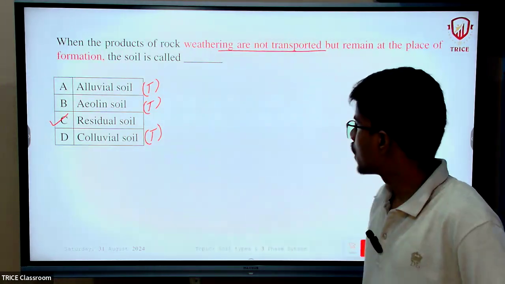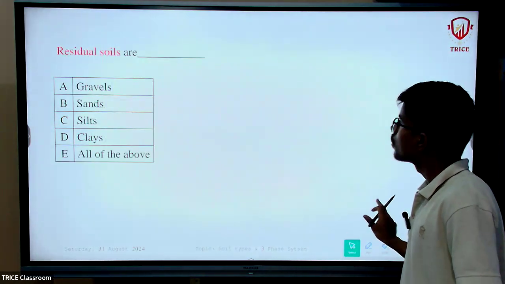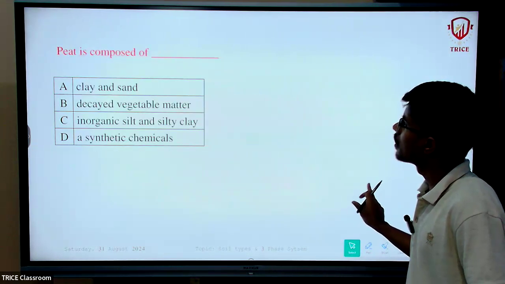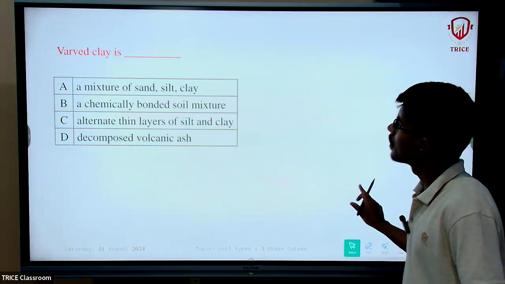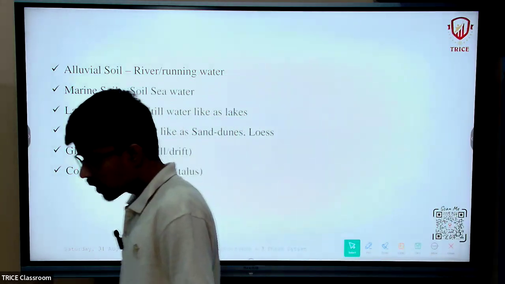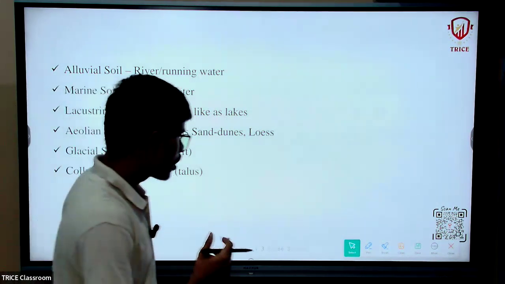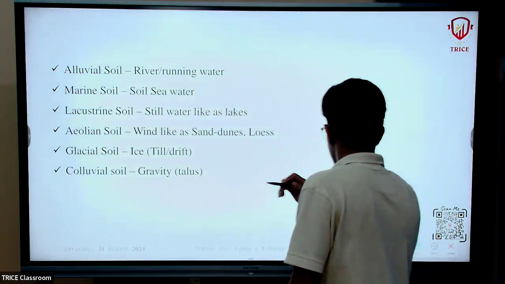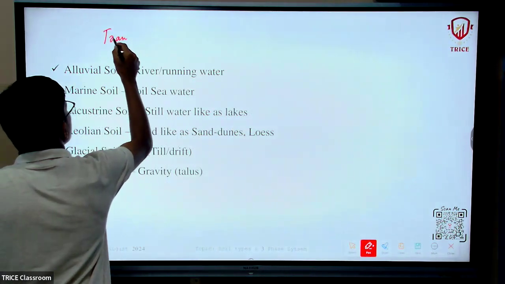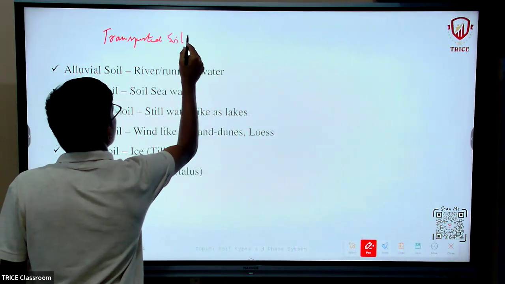When it comes to the notations, can you observe here? We have the various transporting agencies. These soils we call transported soils.